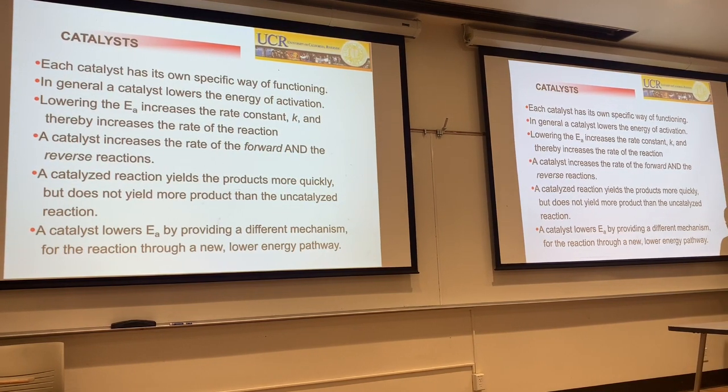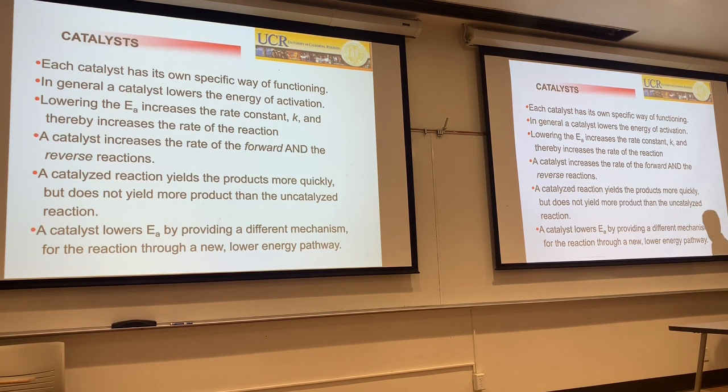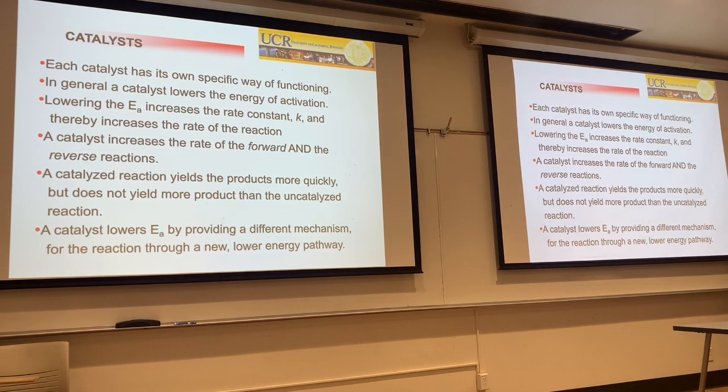Catalysts offer different reaction pathways, different sequences of steps in which the reaction proceeds. The best way probably to think about a catalyst is as extra temperature, which you put in your reaction, which you don't need to provide as a real temperature.